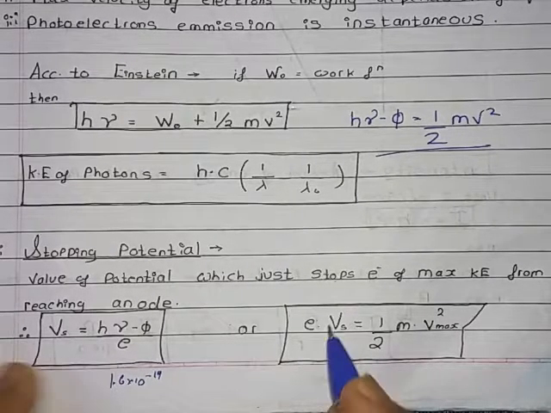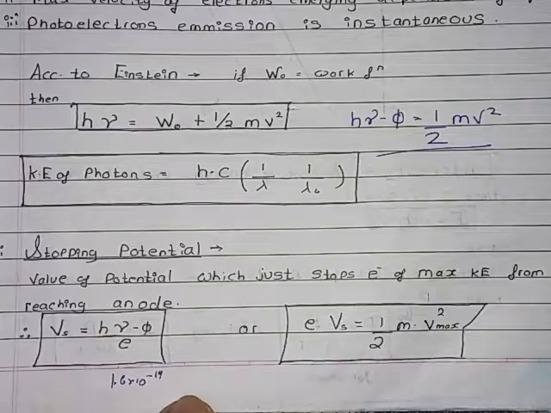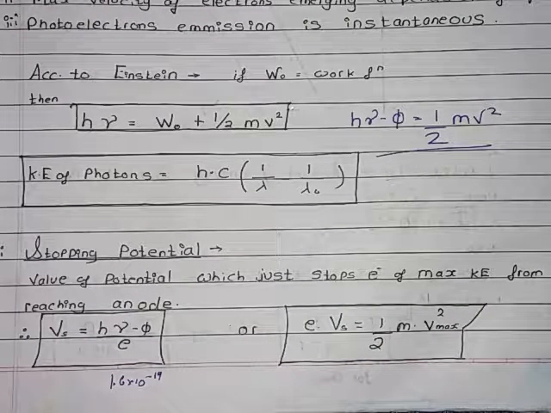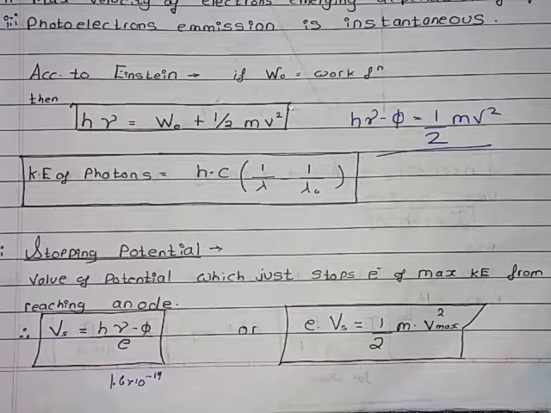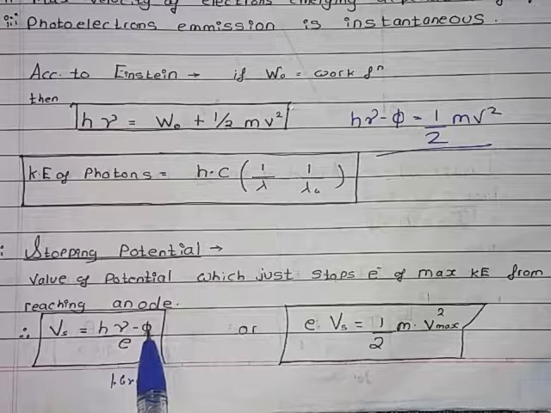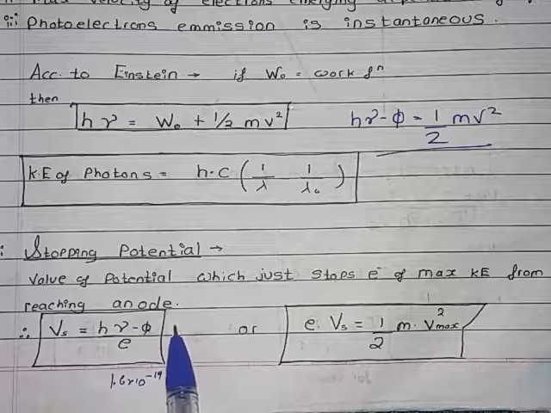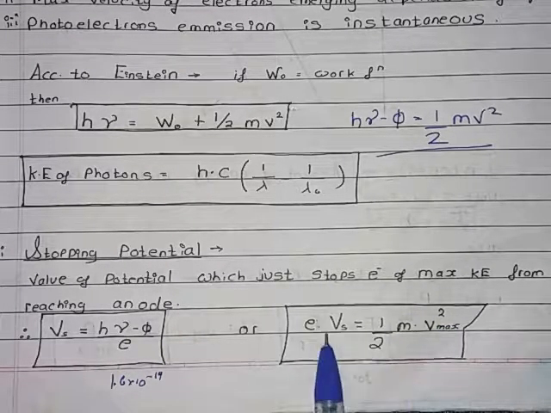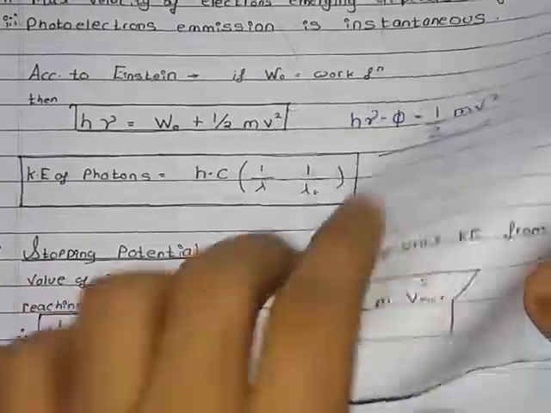So we can say that eVs, the stopping potential in electronvolts, equals half mv square. So Vs equals hc by lambda minus phi upon e. Since hc by lambda minus phi is half mv square, half mv square equals eVs. Now let's get down to our next page.